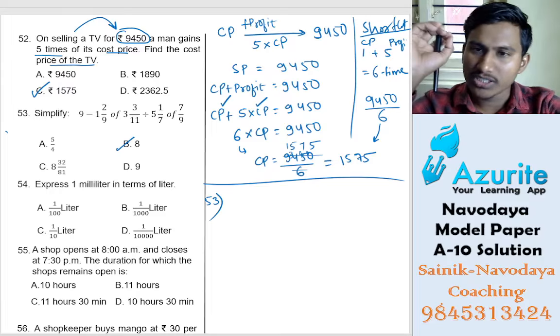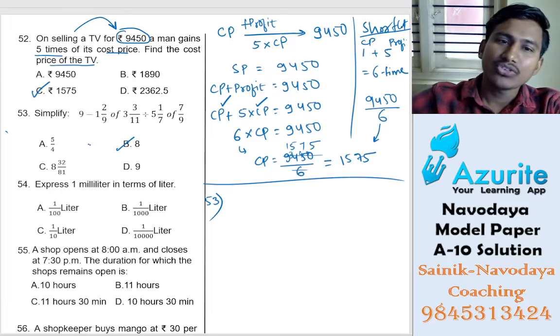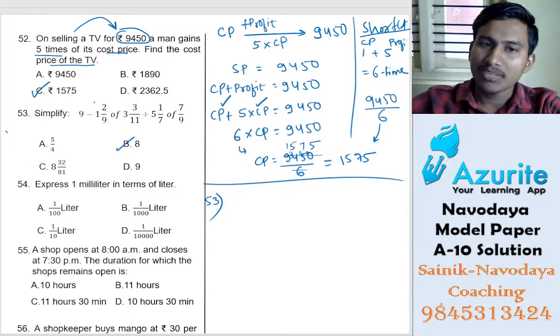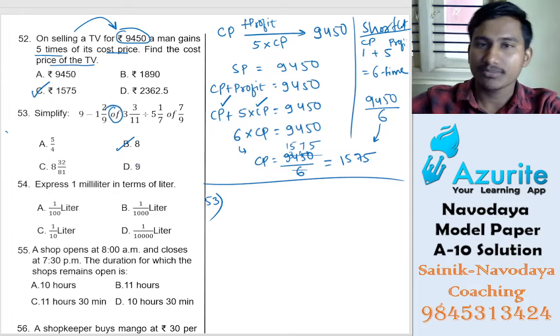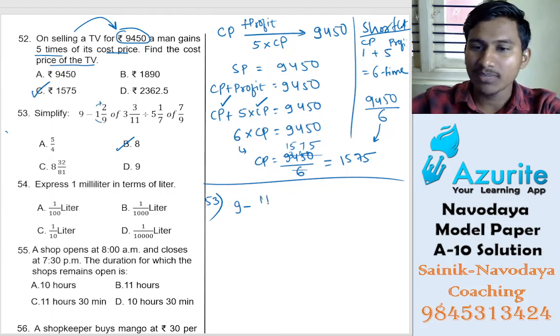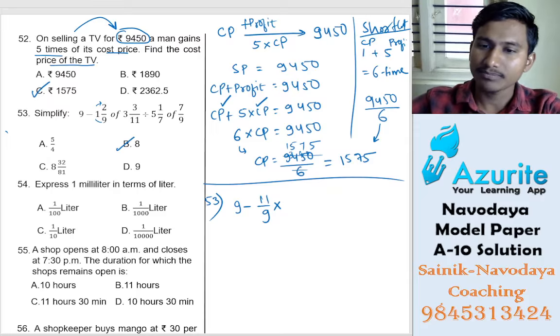So 53rd question, students, it is easy. So we have to do simplification, right? Here the 'of' we have to do first. So 9 minus 1 2 by 3 means how much it is? 2 by 9, 9 ones are 9, 9 plus 2 is 11, 11 by 9. 'Of' means into. We have to do this one first.